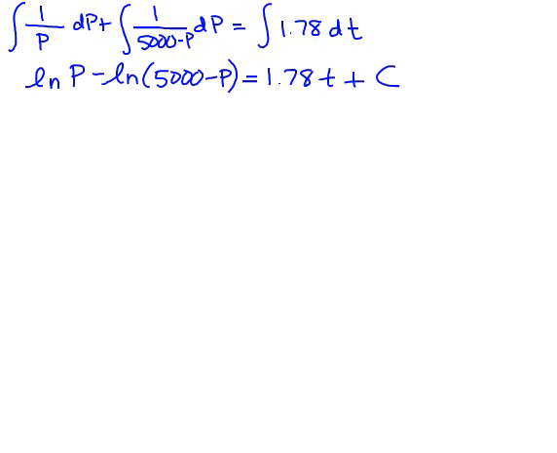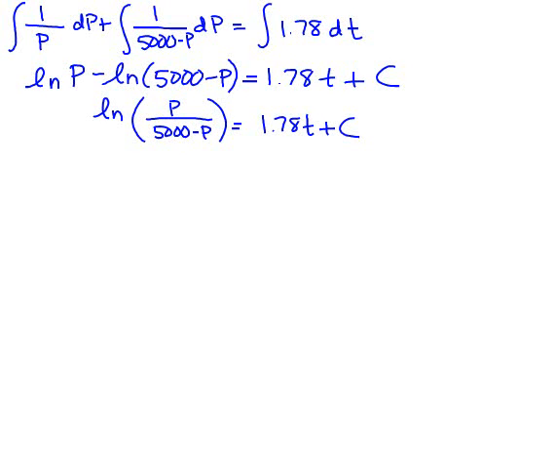Anti-differentiating, I get the natural log of p minus the natural log of 5,000 minus p equals 1.78t plus c. Technically, the left side should include absolute value signs, but negative populations wouldn't make sense in this situation, and we won't consider cases in which the number of infected is greater than the carrying capacity.